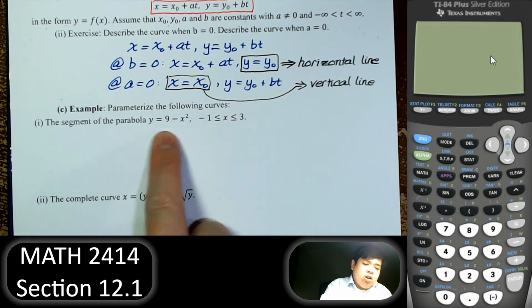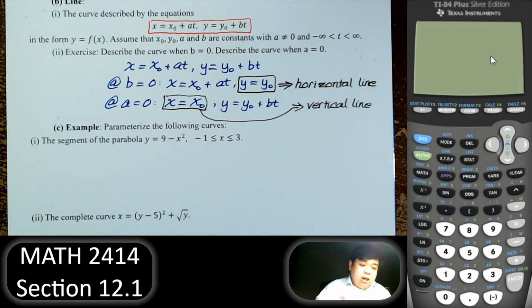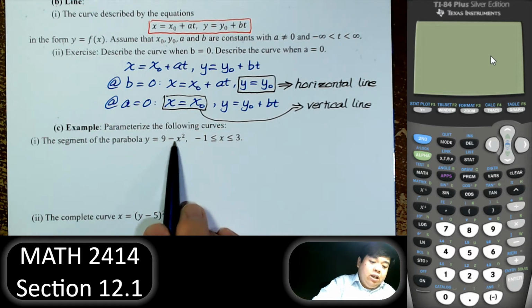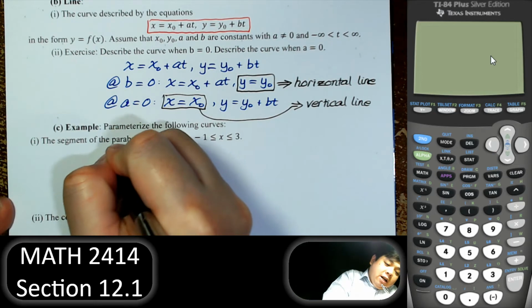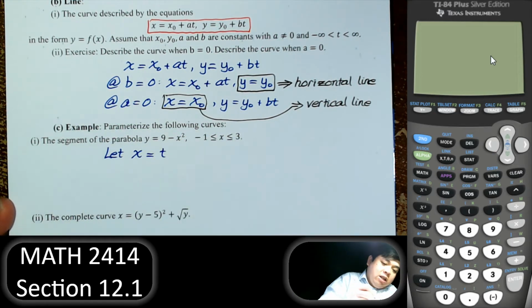If we have the function y equal to this, it will be very easy. We just say, why don't we let x equal to t? If x equals t, we have y as a function of x, which is a function of t. Right. First, let x equal to t in this example.